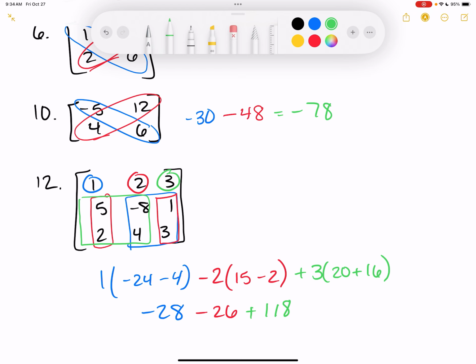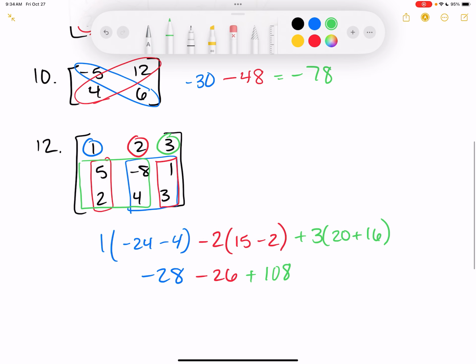I think it's 108. Okay. I'm honestly, since I started using a calculator in college, I'm so bad at quick math now. So then this ends up being, yikes, what's that, negative 54, so that ends up being 54.